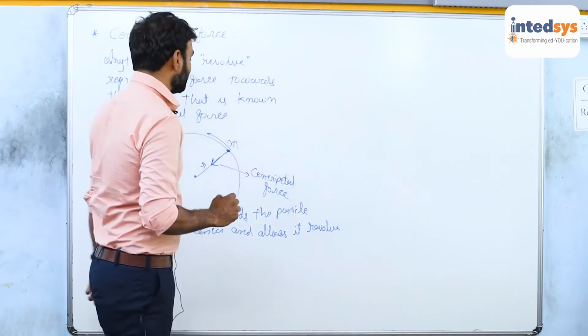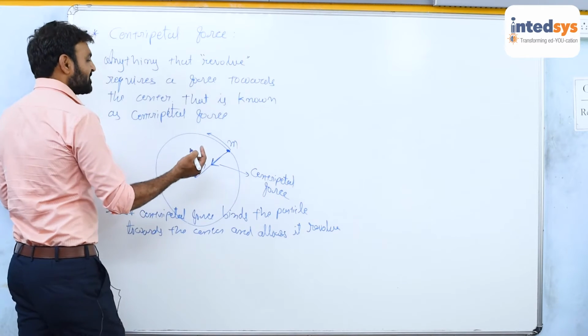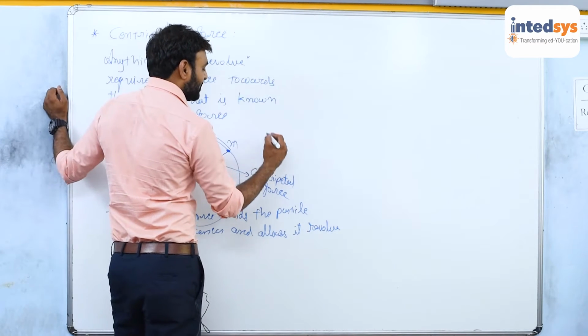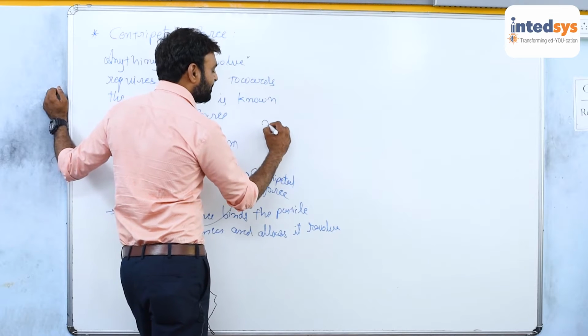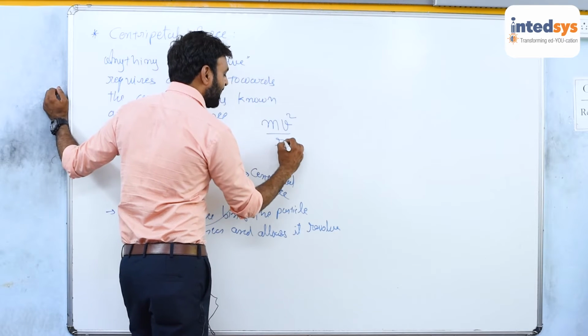Now the most important factor: how do we calculate that centripetal force? There is a single formula to calculate the centripetal force, and that formula is mv squared upon r.